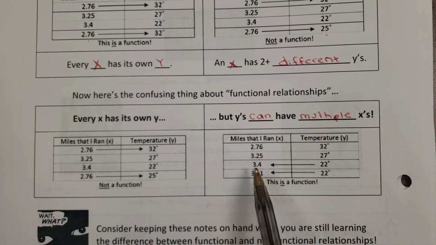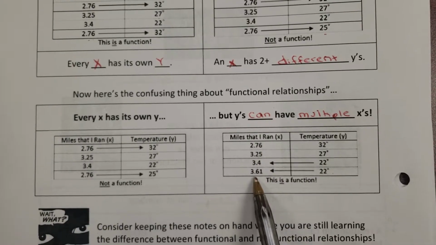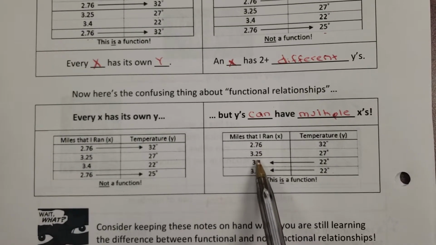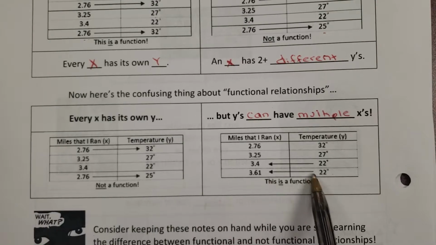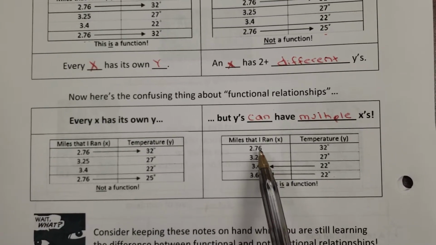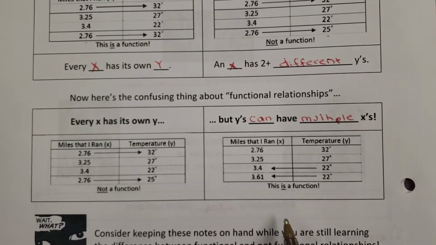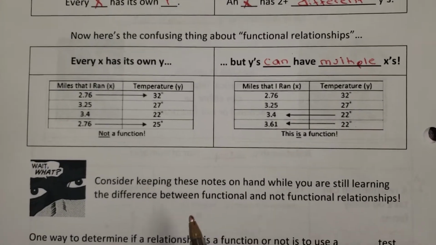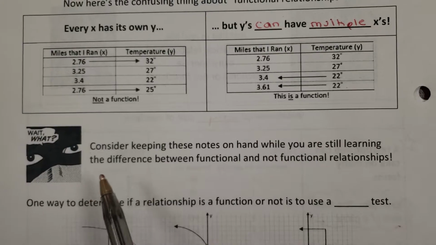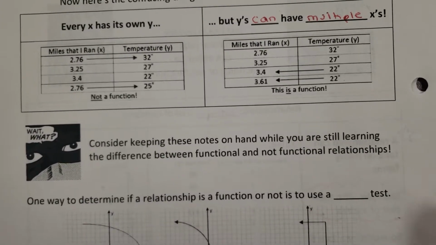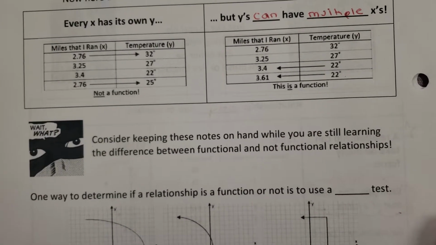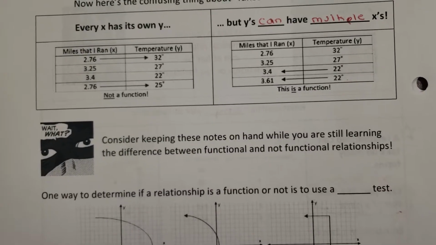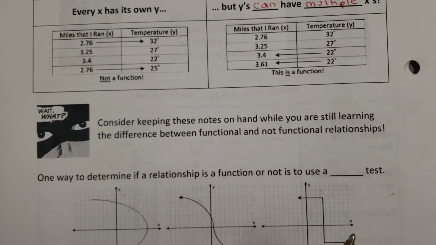What matters is that every X has its own Y. So all of these are different. I don't see any of these X's showing up with a different Y. So this is an example of a function. Yeah, this is kind of confusing. So I really recommend that you keep these notes on hand while you're learning this stuff. Eventually it'll set in with enough practice, but at first it's a little bit shaky.